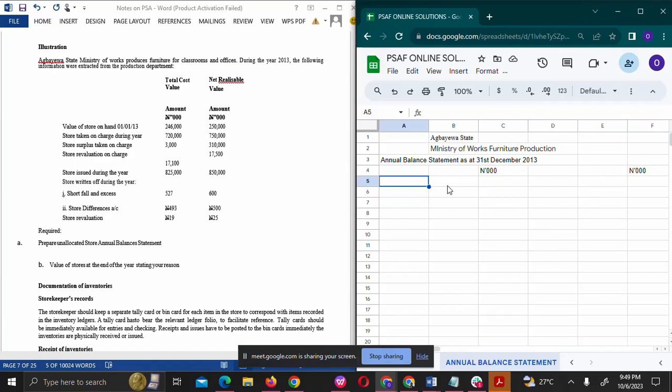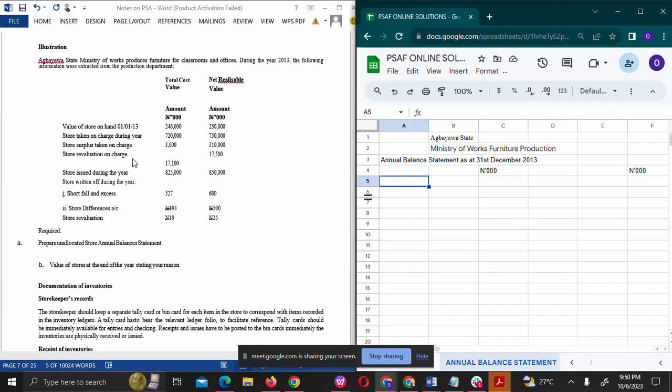Let me say it again. The standard says inventory should be measured at lower of cost and net realizable value. So you will notice that value of store on hand, you have 246 and 250. 246 is lower than 250. Store taken on charge, you have 720 and 750. 720 is lower than 750. Also, store surplus taken on charge, 3,000 is lower than 310,000, so you use 3,000.